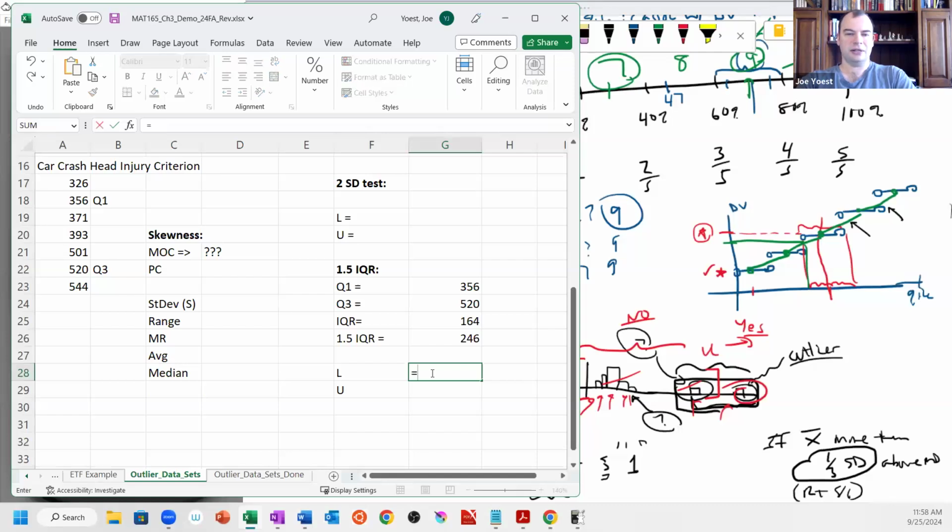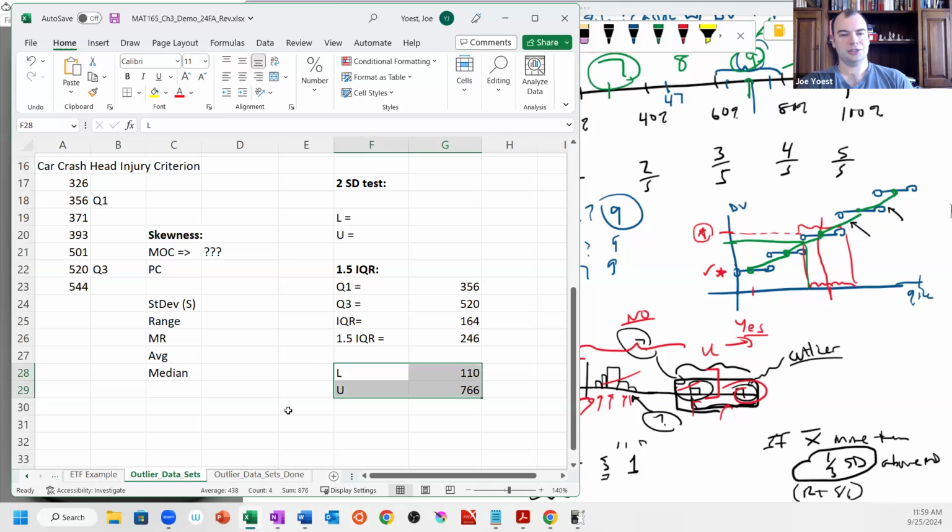And then for my lower bound, I take Q1 minus 1.5 IQRs. And for my upper bound, Q3 plus 1.5 IQRs. So my 1.5 IQR test gives lower and upper bounds of 110 and 766.